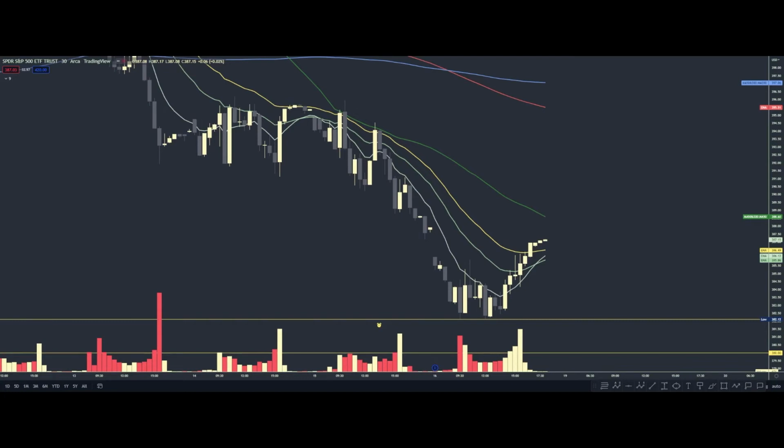Another thing important to realize about supply and demand is this is what a lot of institutional traders and players that are playing with big money, professional traders, are using. They are using these supply and demand zones. They are playing around these zones.